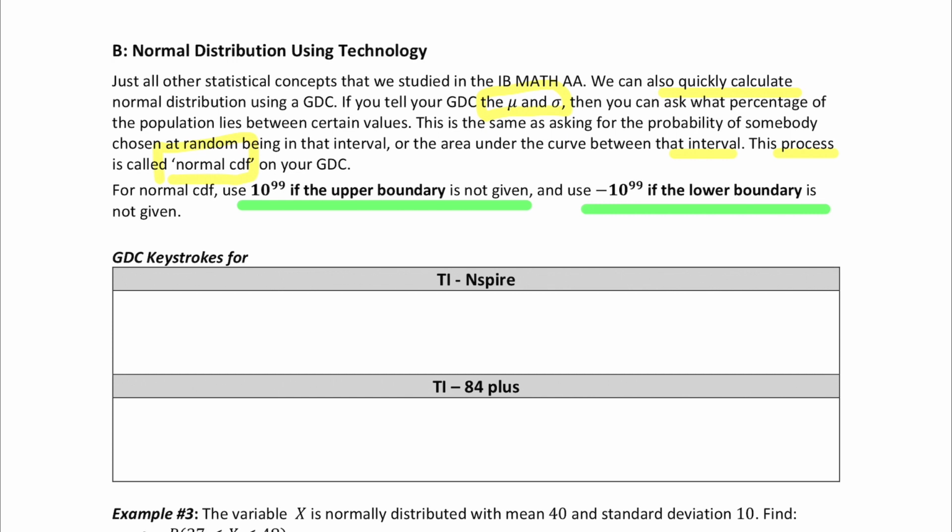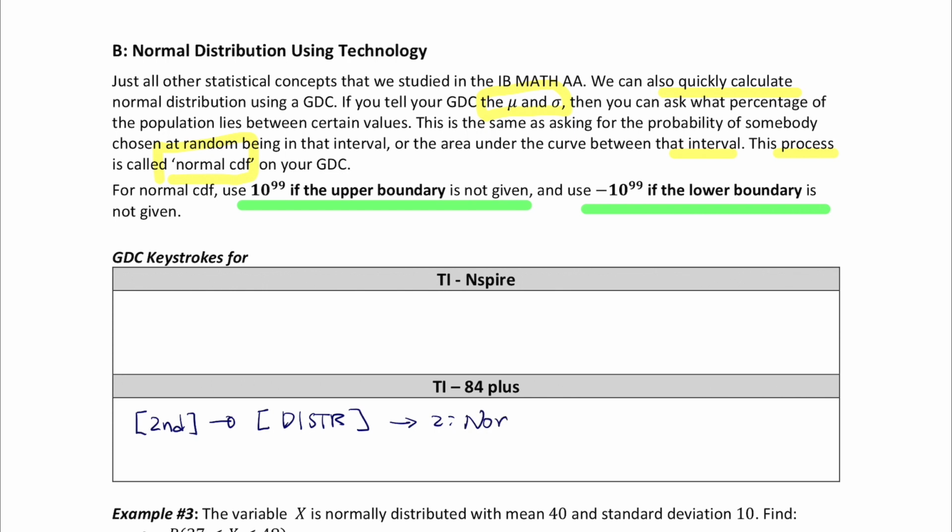So if you have a TI-84 calculator, you can use the following keystrokes to use the normal CDF. So we first have to press 2nd and press the button DISTR, and go to the second one in the command list.